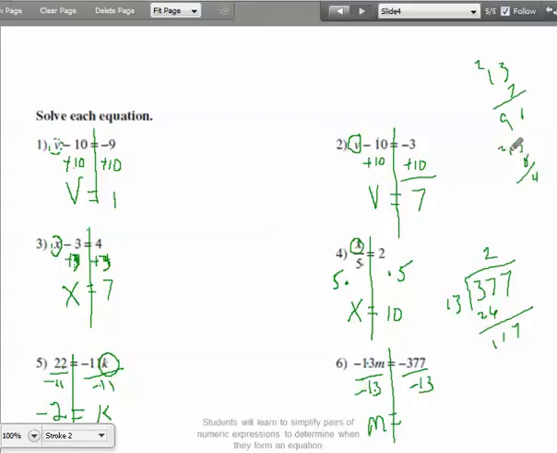Carry your 2. 8. 104. I don't think I can go any higher than that. So 28. That's 104. And I subtract and I get a 13. Oh, I could have gone one higher, couldn't I? 9. 29 would be 117. And it would subtract, give me 0. So my answer there is 29.